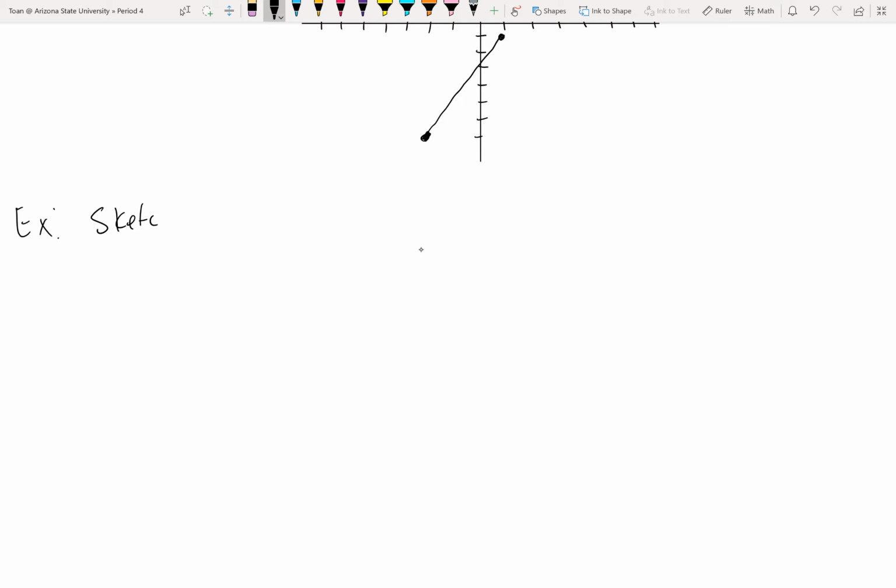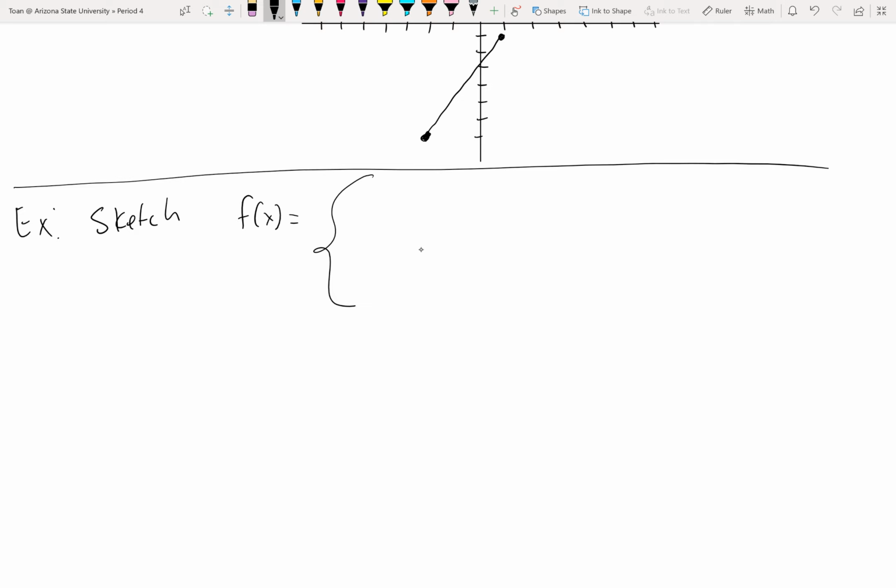So suppose I ask you to sketch f of x equals, and this is going to be a piecewise function. Let's say we had -x if x is less than or equal to 0. 5 minus x squared if 0 is less than x, which is less than or equal to 3.